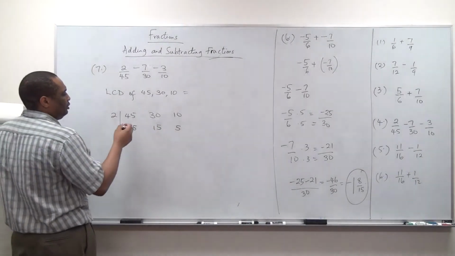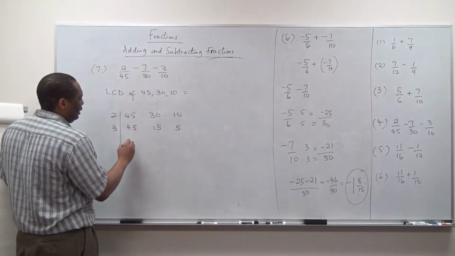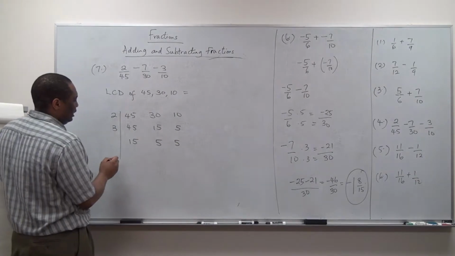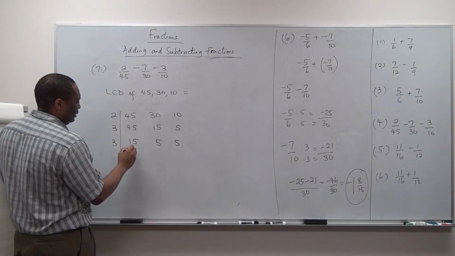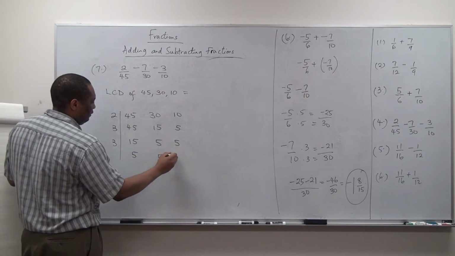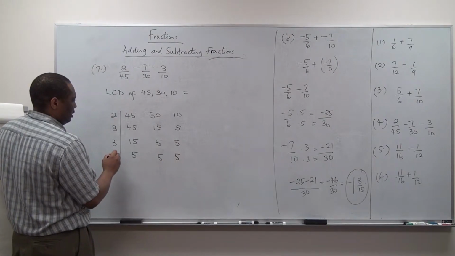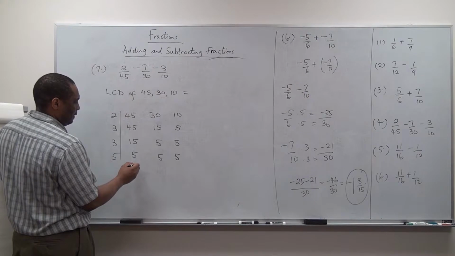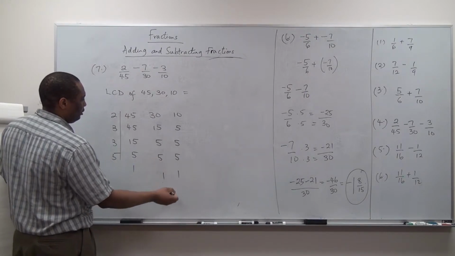So of course you should know the rules. Start with 3. This is 15, 5, 5. 3 again is 5, 5, 5, and 5, 1, 1, 1.